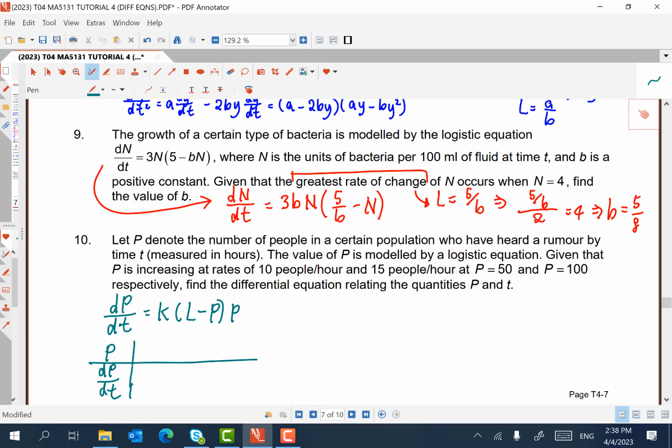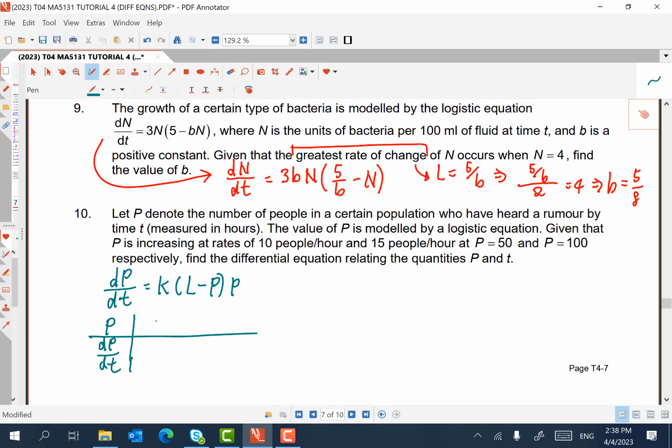What are the P values that we have? 50 and 100. At 50, we are told that dP/dt is 10. At 100, this is 15.